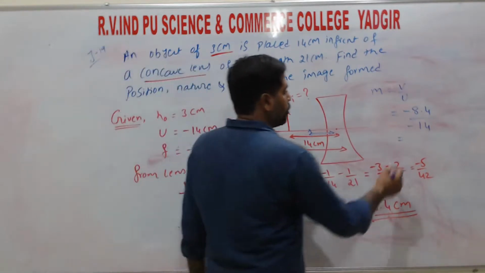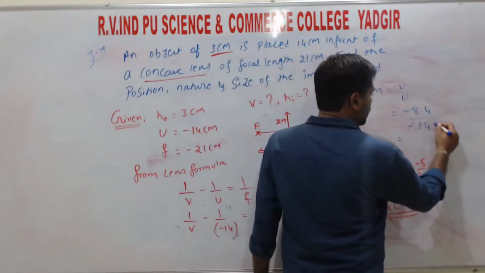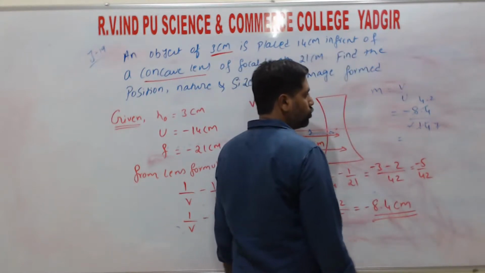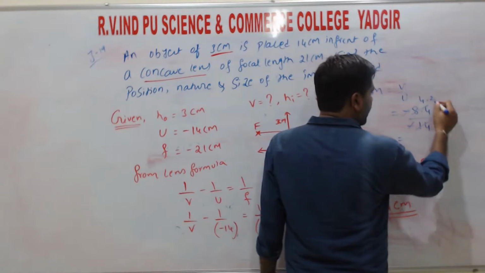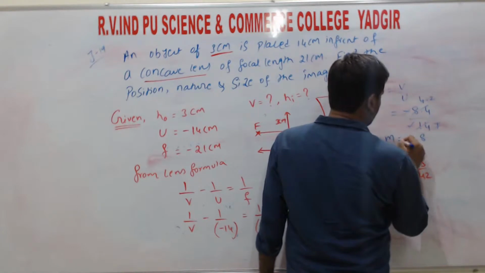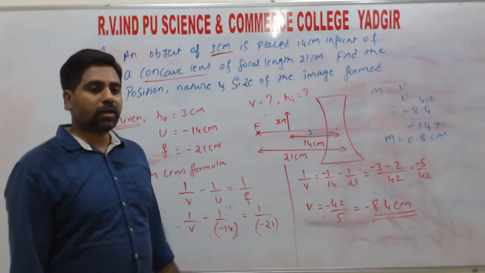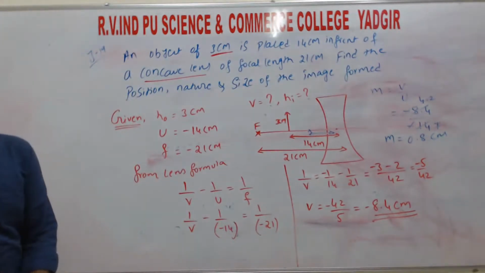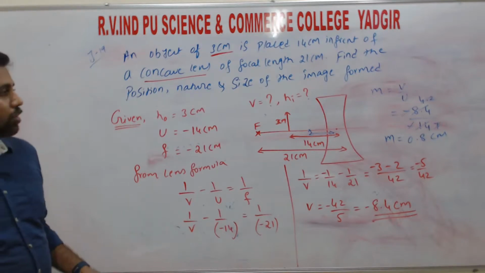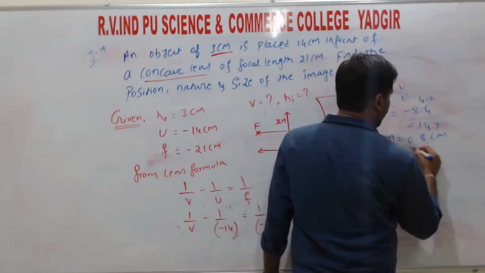So m equals, the minus signs cancel. 2 sevens are 14, 2 fours are 8, 2 twos are 4, so 4.2. Next, 7 eights are 42, that means 0.8. So m is equals to 0.8, which is a positive value. Sorry, here we get the magnification 0.8.